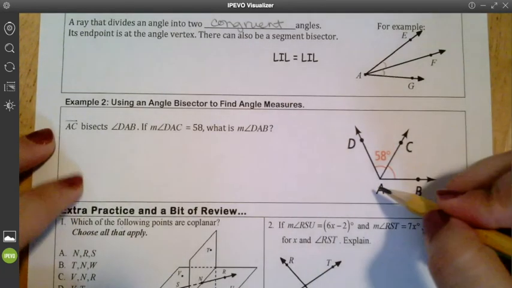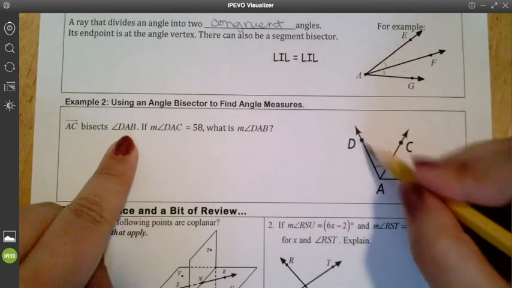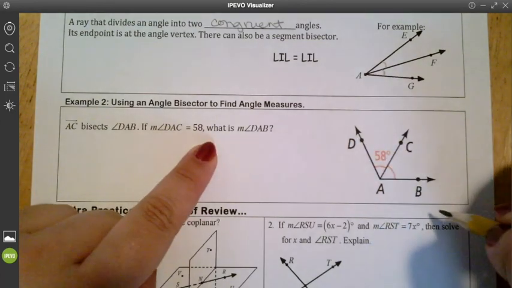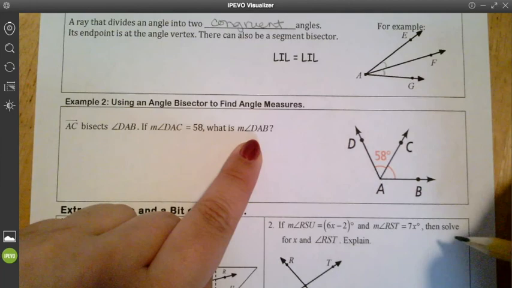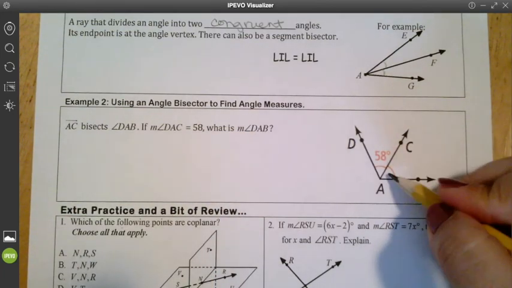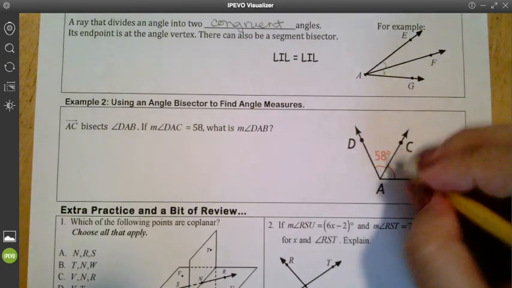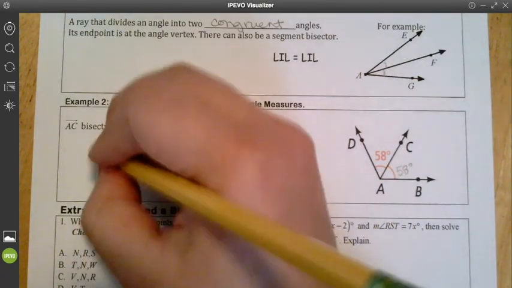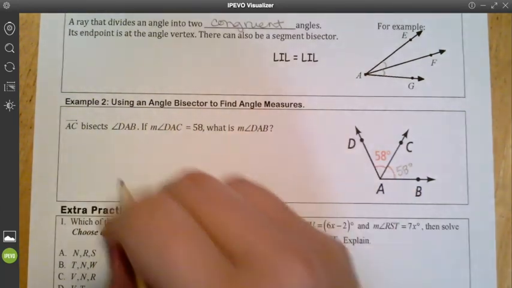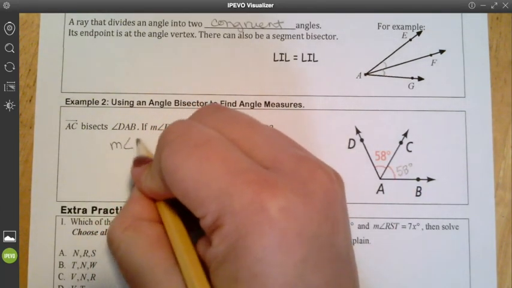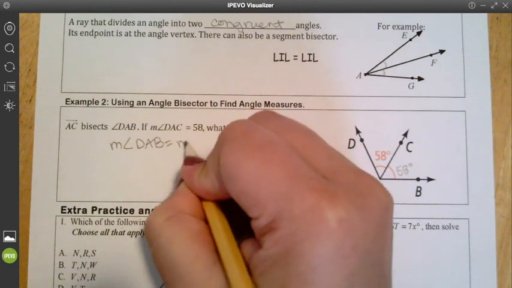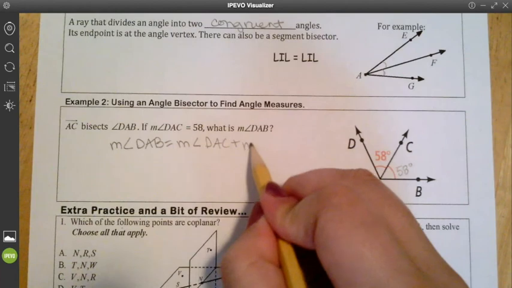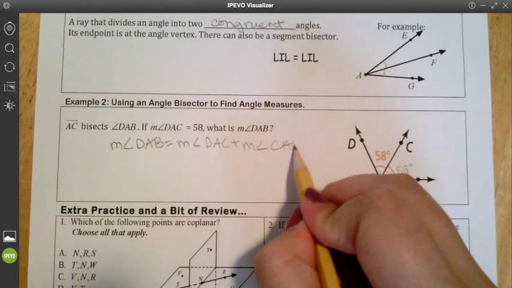If ray AC bisects angle DAB, and the measure of angle DAC is 58, what is the measure of angle DAB? Okay, well, because this is bisecting, we know it's two equal pieces, which means that this angle is also 58 degrees. And with the angle addition postulate, we know that the measurement of angle DAB is the sum of its smaller angles: measurement of angle DAC plus the measurement of angle CAB.